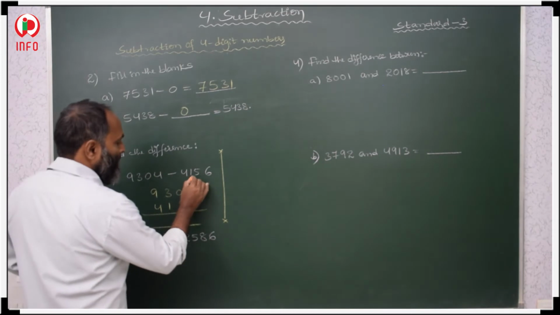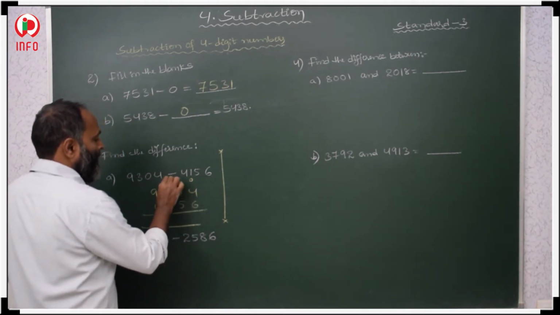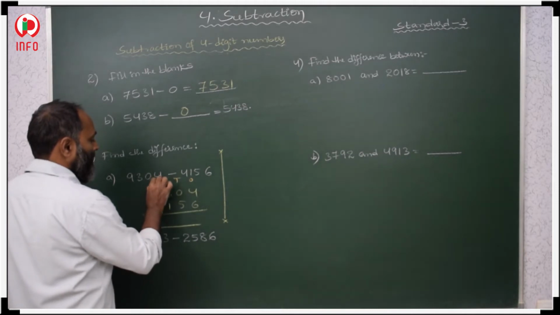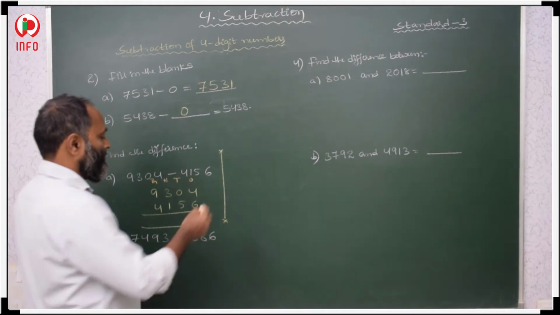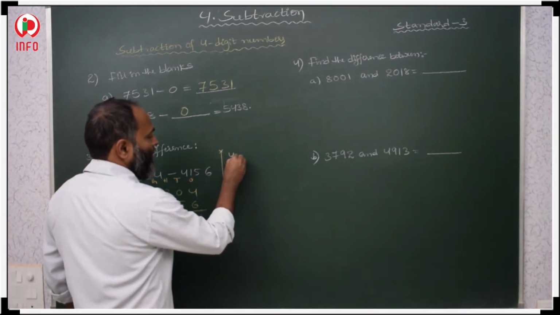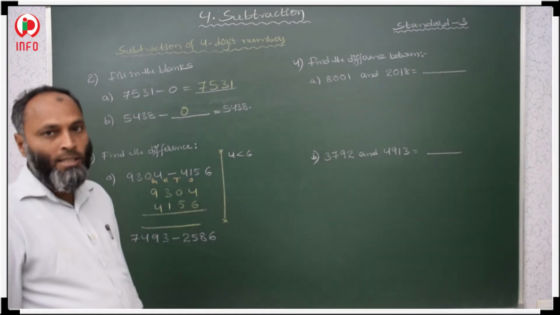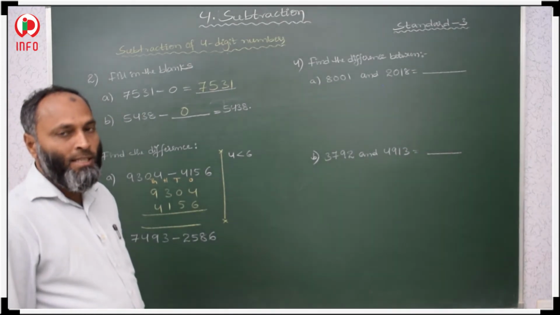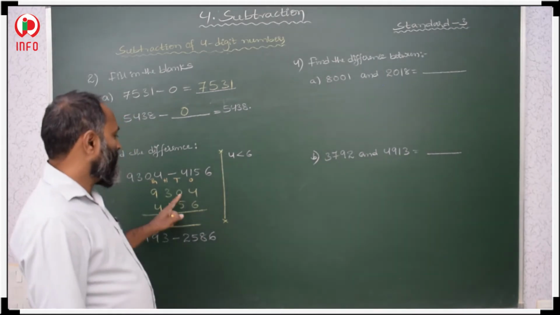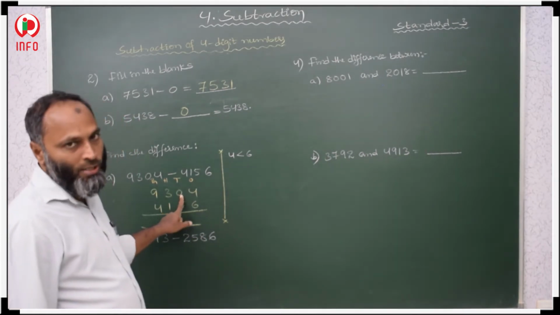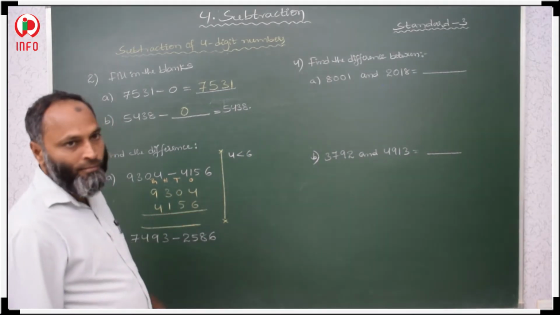This is ones place, here tens place, hundreds place, here thousands place. 4 is less than 6, then we have to take borrow. So from where we have to take borrow? Here also 0 is there. It is better to take borrow from here to here and here to here.